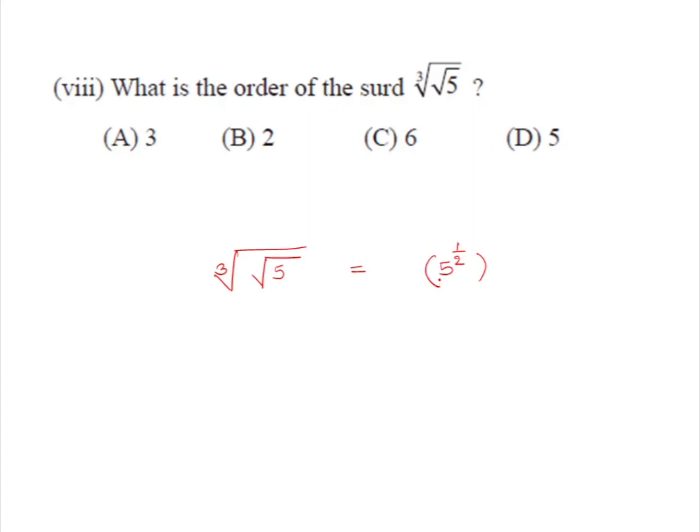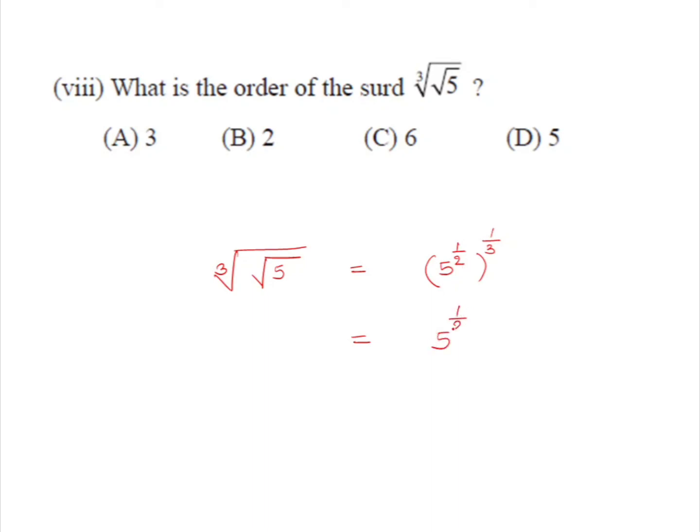In the same way, its cube root is there, so we have written here 5 raised to 1 by 2 for root 5. We have to write its power 1 by 3, so as to have 5 raised to 1 by 2 raised to 1 by 3.